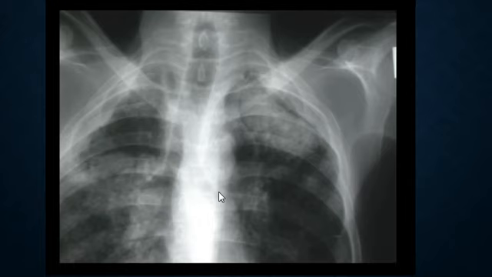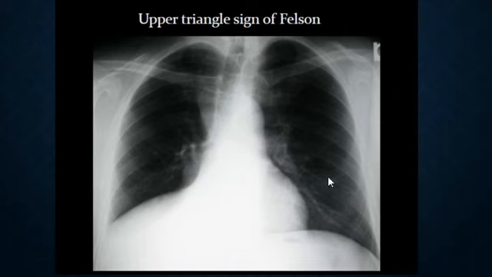Now, there is a sign called the upper triangle sign of Filson. Does anybody have any idea what that is? Upper triangle sign of Filson.